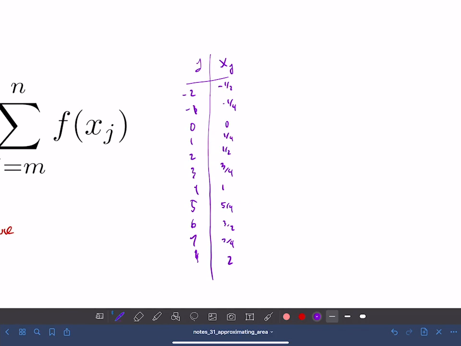And then I'm given some f. And so then I would have a third column in here, which would be my f of x sub j's, and I would apply f to my x sub j column, right? So it'd be like f of minus a half, f of 0, f of 3 halves.